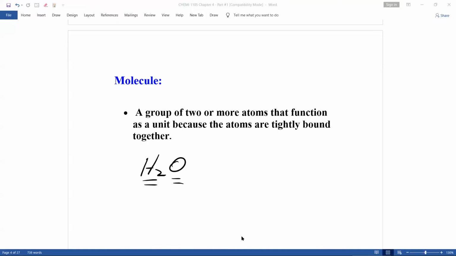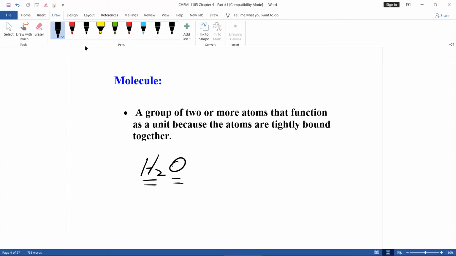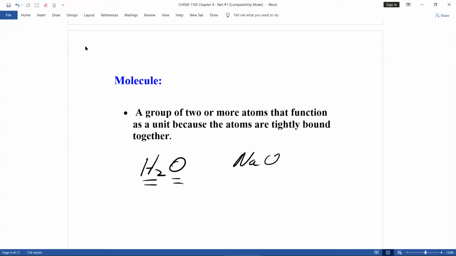And another example of a molecule is sodium chloride, which you know as salt or table salt.